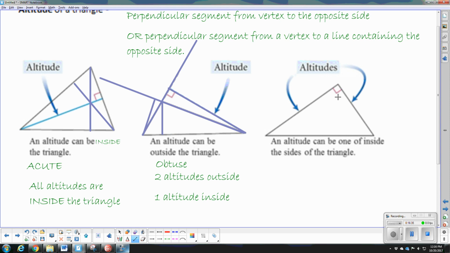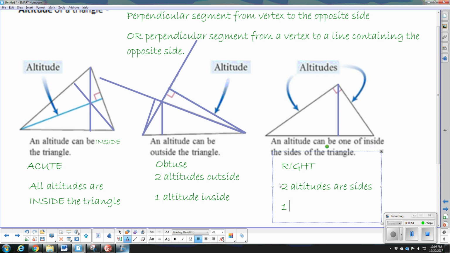And then the third one would be this vertex, perpendicular to the opposite side. And that one happens to be inside the triangle. So with the right triangle, we have two altitudes that are sides, and one altitude is inside the triangle.